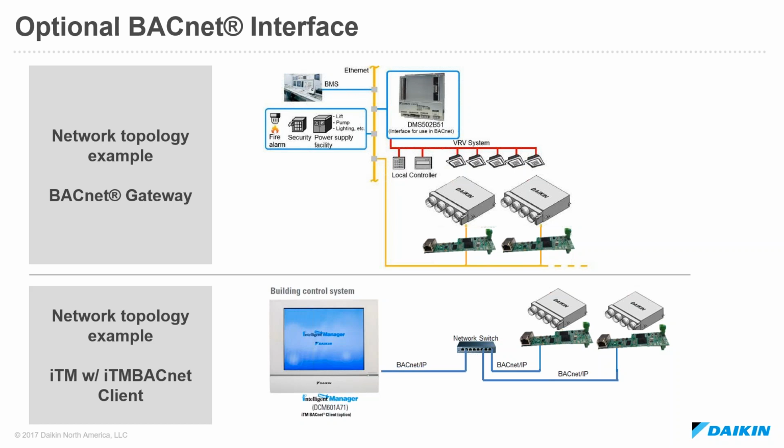In this case, the BMS will wire directly to the DZK BACnet card, which is plugged into the DZK in the indoor unit. Another example is to utilize the ITM with the BACnet client. In that case, we can take the BACnet client and command and control the DZK by wiring to those DZK BACnet cards.